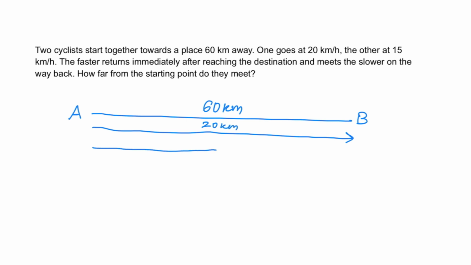The slower will go at a speed of 15 km per hour. And while returning, the faster one will meet somewhere here. So we have to find how far this is from A.